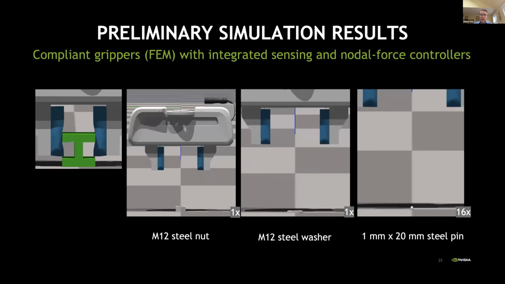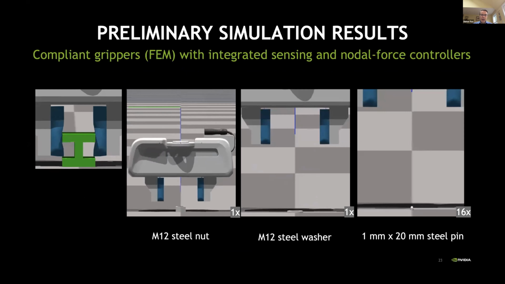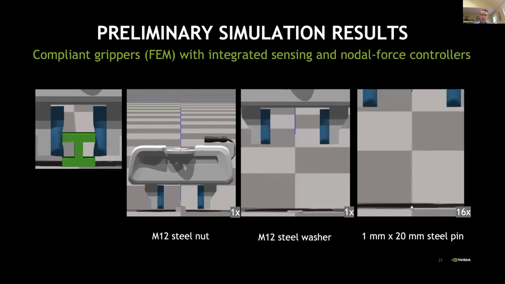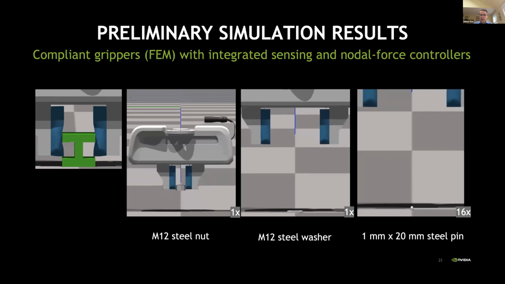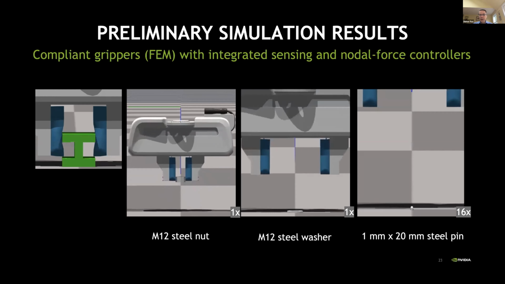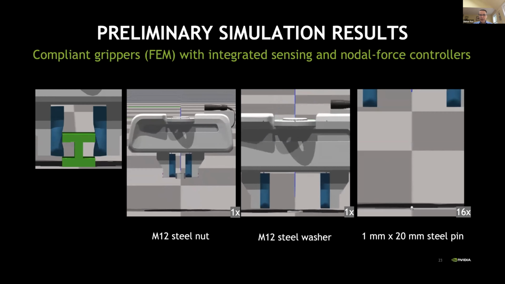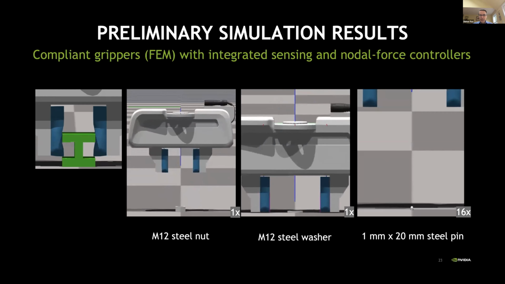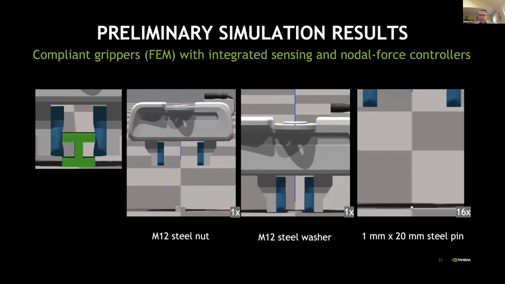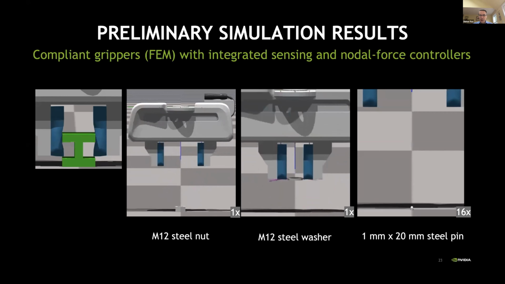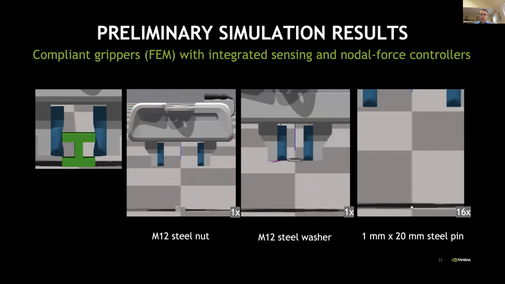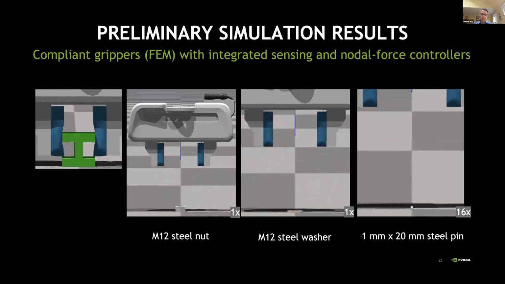And here's some work that Yash is doing right now, where we're trying to see how we can use these finite element method simulations to drive controllers to pick up very small objects. For example, in the middle, this is a deformable sensor gripper hand picking up a very thin washer, where the controller is driven by just the overall force measured through this simulated system.